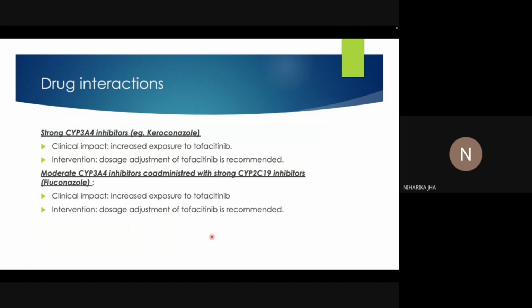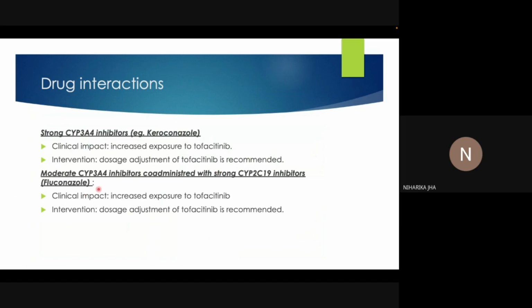As I told you, we need to learn about the mediators of the metabolism. So, if a patient is on ketoconazole, which is a strong CYP3A4 inhibitor, what does it do? It causes increased exposure to tofacitinib. So, we have to start the patient on a lower dose.